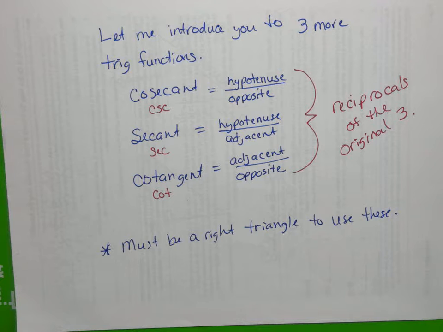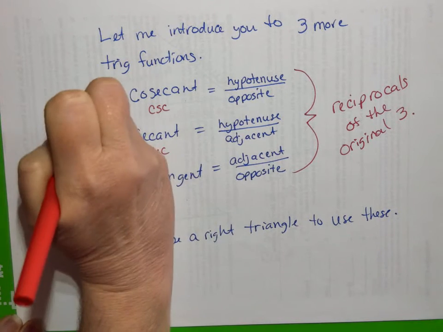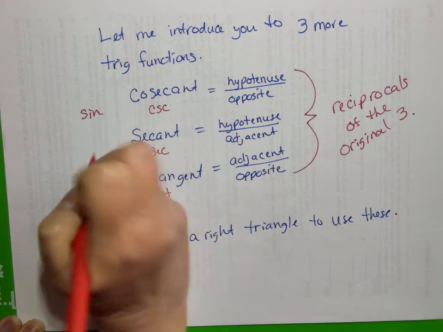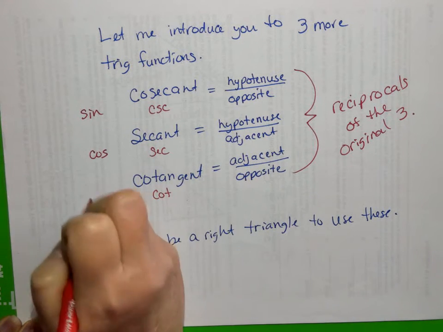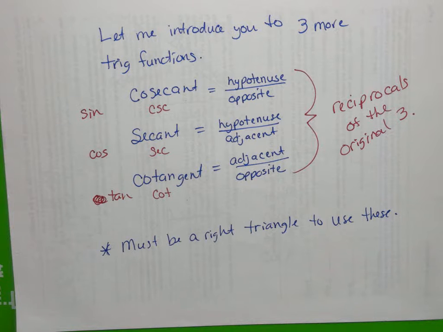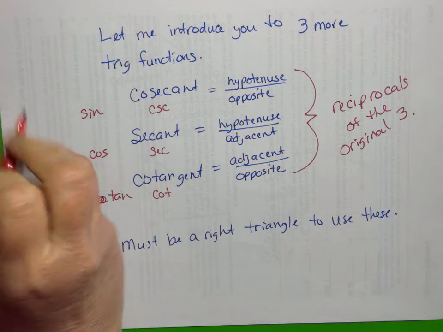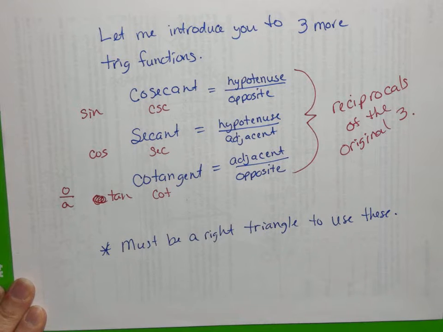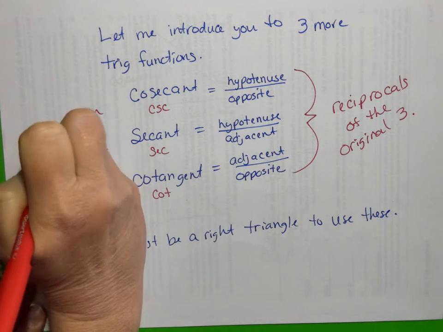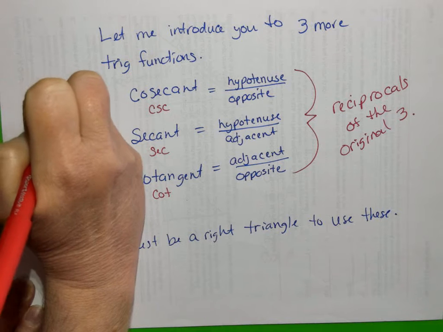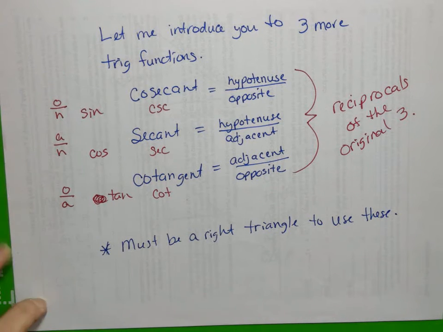Now, if you line those up, this goes with sine, this goes with cosine, and this goes with tangent, because tangent is opposite over adjacent, cosine is adjacent over hypotenuse, and sine is opposite over hypotenuse. So they match up in that way.